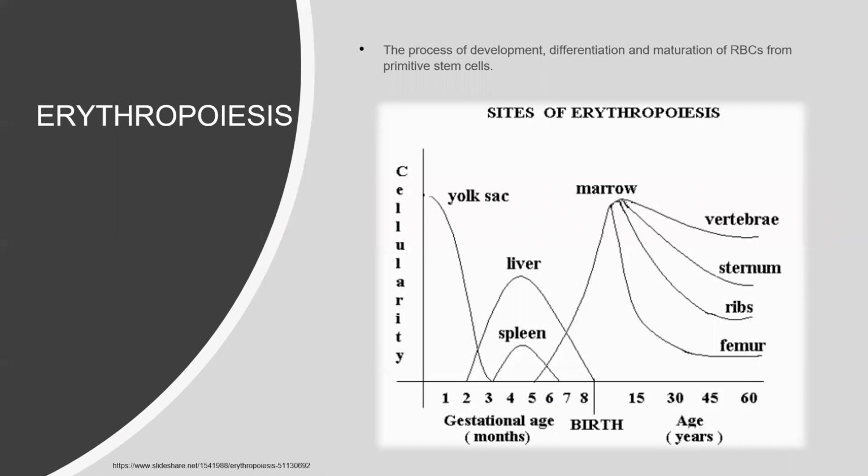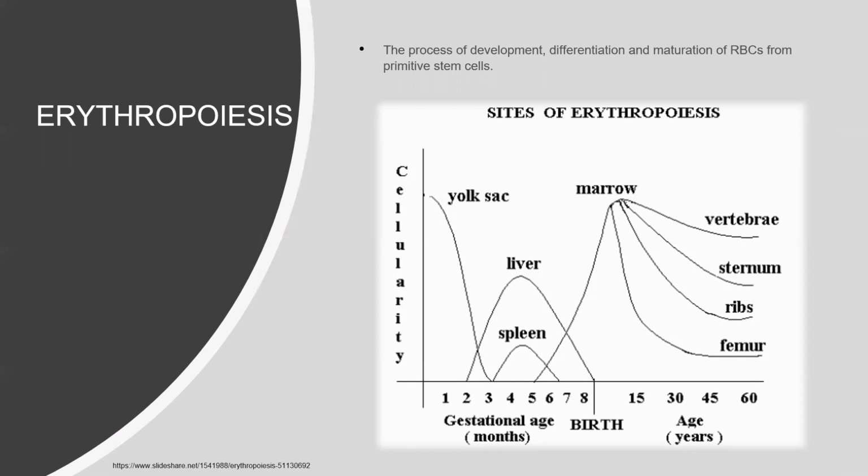The site of erythropoiesis changes throughout life. In the very early fetus, it occurs in the yolk sac. From 2 to 5 months gestation, it occurs in the liver and spleen before finally establishing in the bone marrow from about 5 months gestation. Actually, in children, erythropoiesis can occur in the bone marrow of most bones.